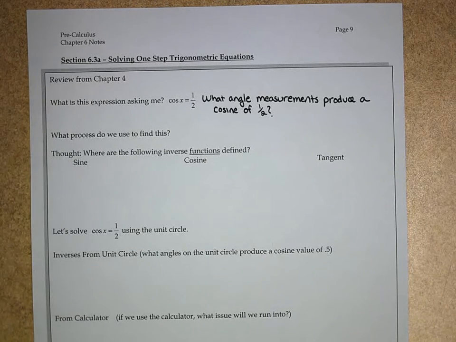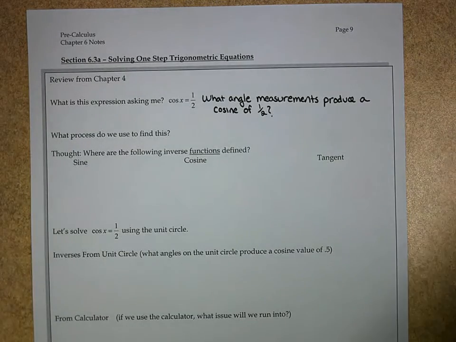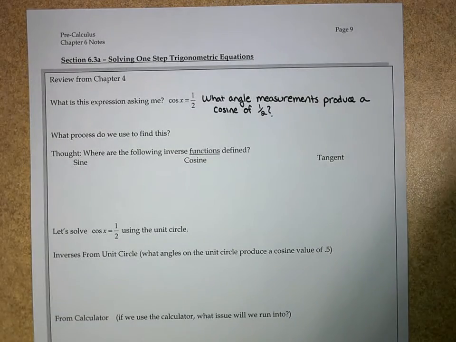So as a review from the last chapter, what is this expression asking me? The cosine of x equals 1/2. And as we talked about, when I'm trying to find an angle measurement, I'm finding the piece that is inside the trig function. So here, the cosine of x equals 1/2 is saying what angle measurement produces a cosine of 1/2.